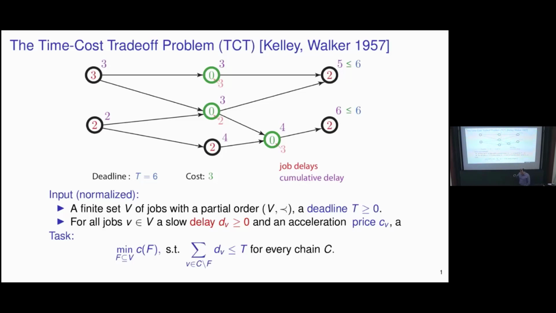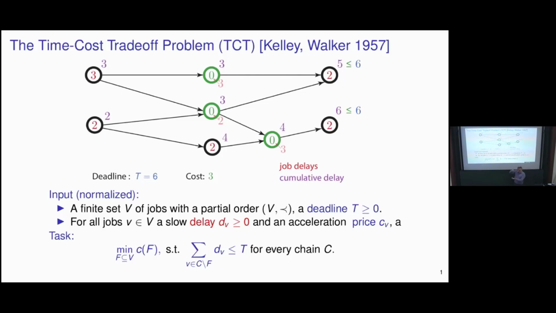Usually, you would have multiple options for a job to choose from, but you can always reduce it to this very basic case where you have just 2 possibilities. Either for no price you get a slow delay, or you pay some price and speed up your item to delay 0. That's a basic reduction that was already proposed in the 90s by Skutella. It was probably known even before.